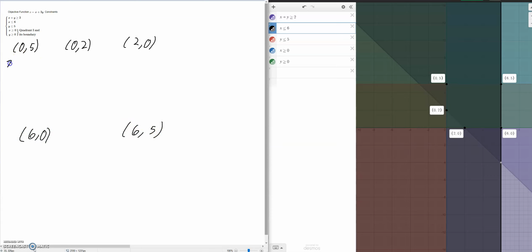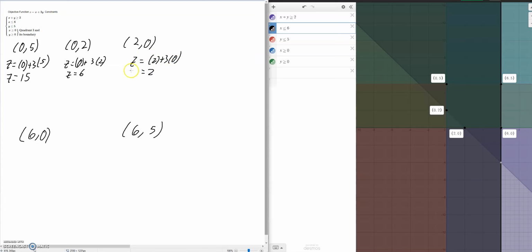So let's plug this in. Z equals x plus 3 times y. Z equals 0 plus 15. That gives me 15. Z equals 0 plus 3 times 2. It's going to give me 6. Z equals 2 plus 3 times 0.